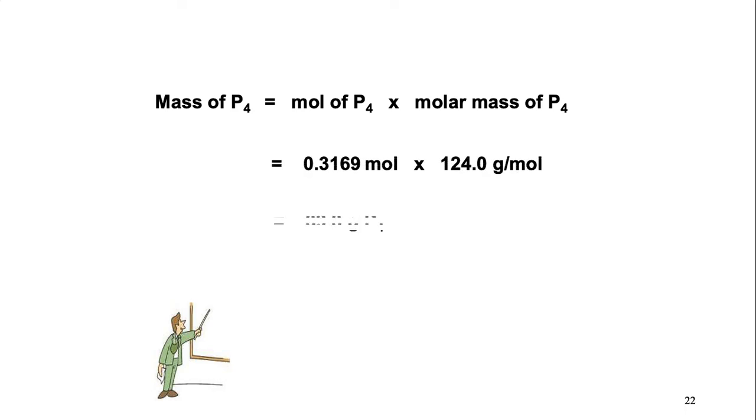When you already have the number of mole of phosphorus, you can get the mass of phosphorus by multiplying the number of mole of phosphorus with the molar mass of phosphorus. And the final answer is 39.3 gram phosphorus.